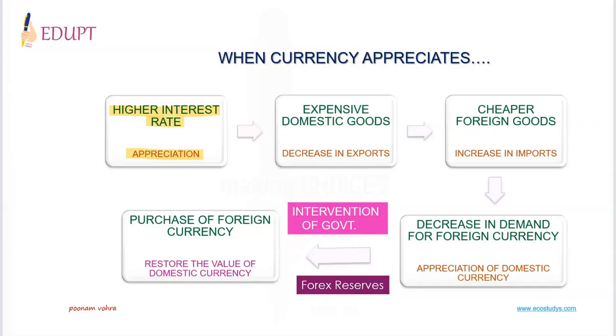When the central bank realizes that the market value of domestic currency is excessively rising against a foreign currency, causing a fall in foreign demand for domestic goods or decrease in exports, it will result in decrease in aggregate demand.